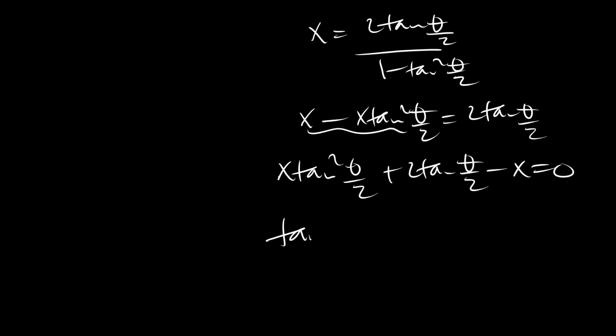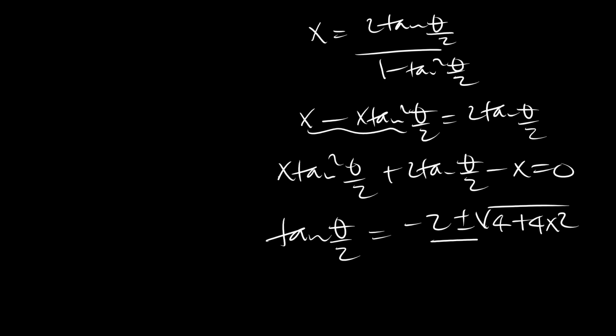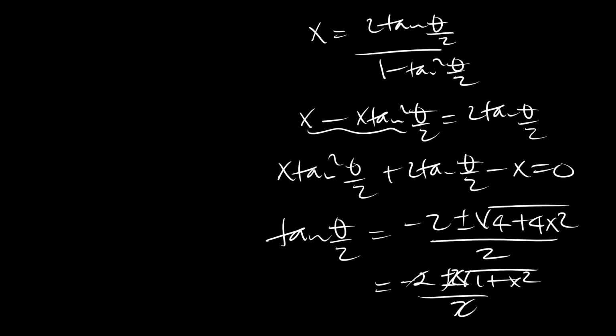Using the quadratic formula means that tan theta over 2 is negative 2 plus or minus square root of 4 plus 4x squared over 2, which means that we have 2 plus or minus, pulling 2 out, we have 1 plus x squared over 2, and this would cancel, meaning we found that tan theta over 2 is equal to negative 1 plus or minus square root of 1 plus x squared.